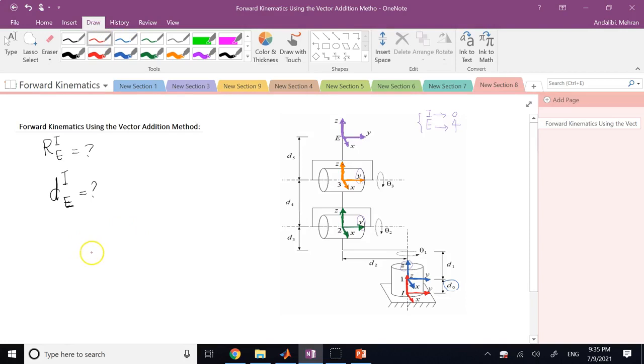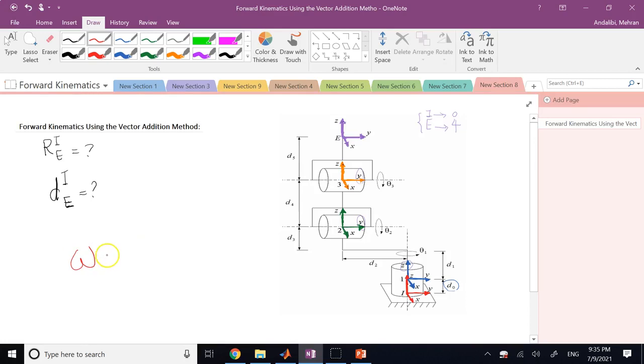Good. So here I use a similar notation to what I did in the past for omega. If you remember in the video where I talked about Euler angles and projecting angular velocities of the Euler angles, I used a notation like this.